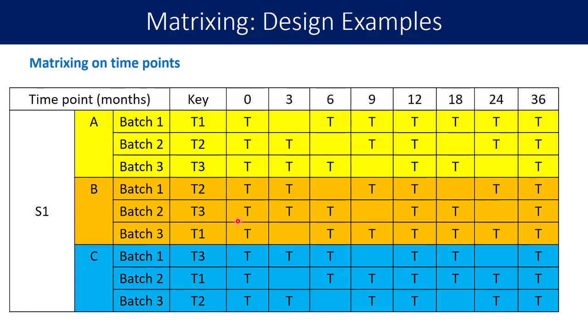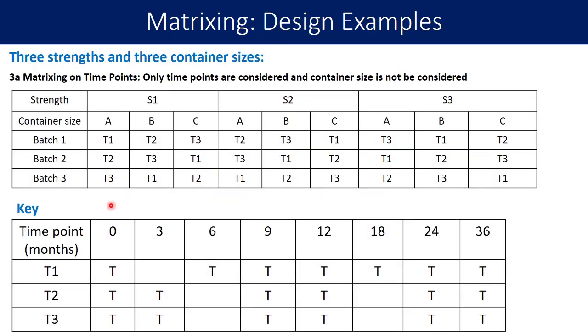Similarly, if I go back and check now for container B, what is the testing plan? T2, T3, and T1. This is container B. Batch 1 will be tested across the T2 key. Batch 2 will be tested across the T3 key.